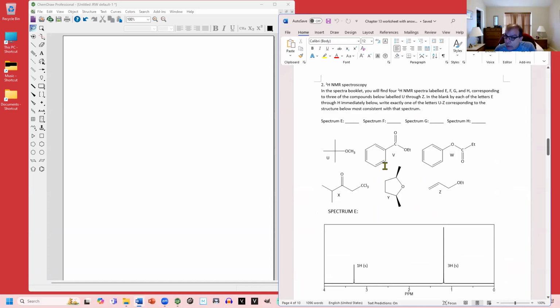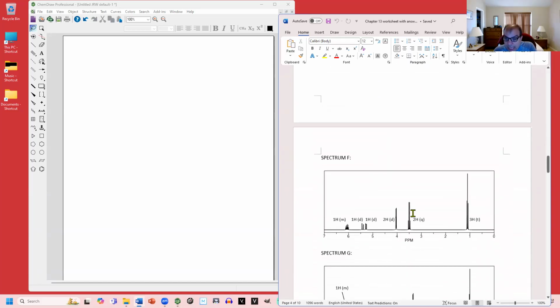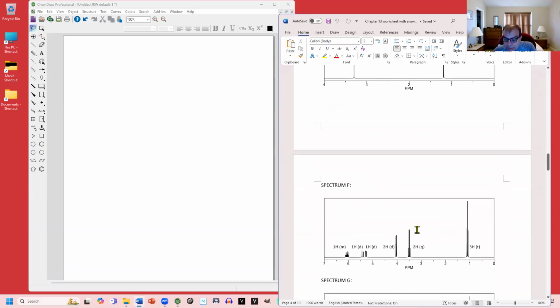So how do we know which it is? The way you know is by the chemical shifts. And in particular, if you're looking at the chemical shift of the CH2 in the ethyl group, that's here at about 3.5 parts per million. That's very far downfield shifted.